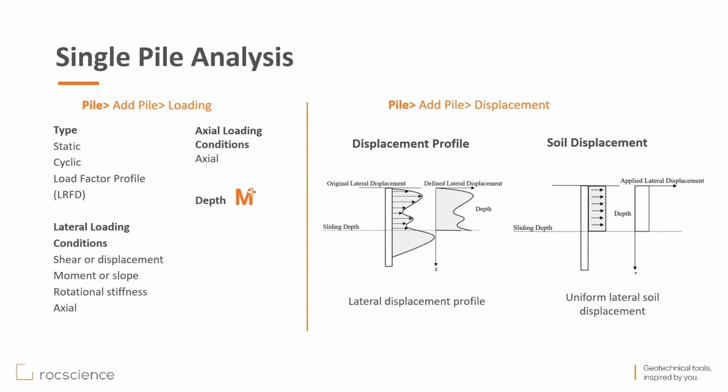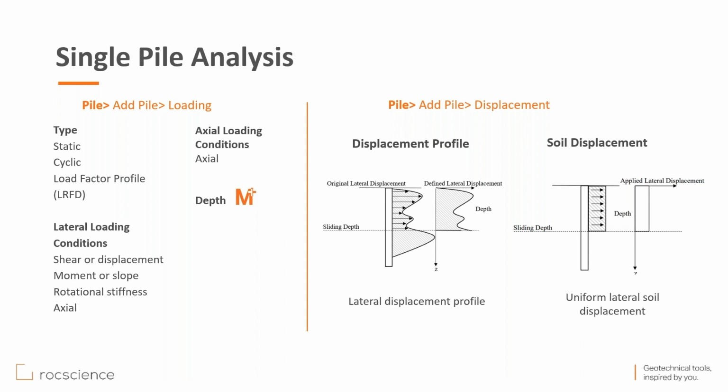Different varieties of loading types are present, static and cyclic, and you can factor them according to LRFD. It's not only a design approach used locally in the US, but over the globe as well, in some parts of the world, at least in our geography.